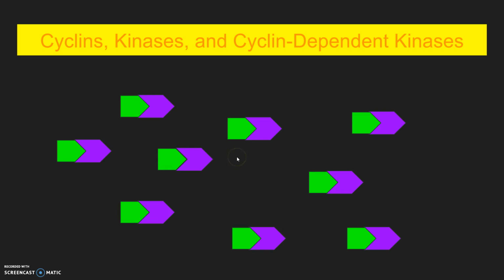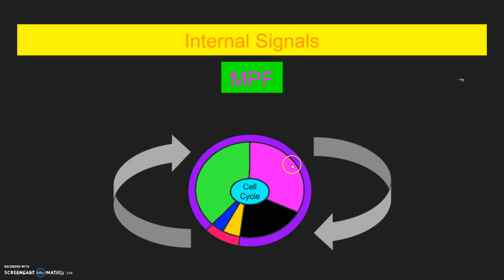So we're going to go even more in depth with examination of an internal and an external signal. So this internal signal is going to be MPF that we're going to talk about. So here's the visual of the cell cycle. If we remember, this green was the CDK, or cyclin-dependent kinase, and this purple was the cyclin.